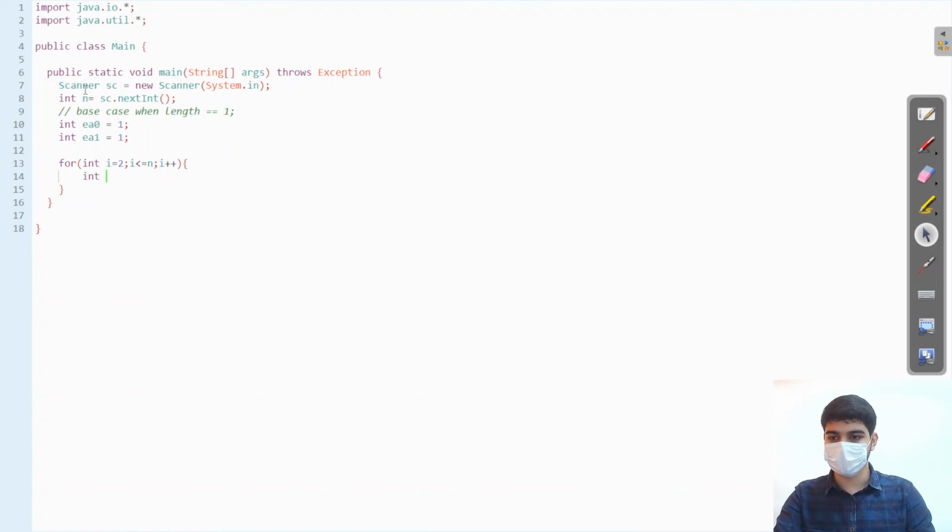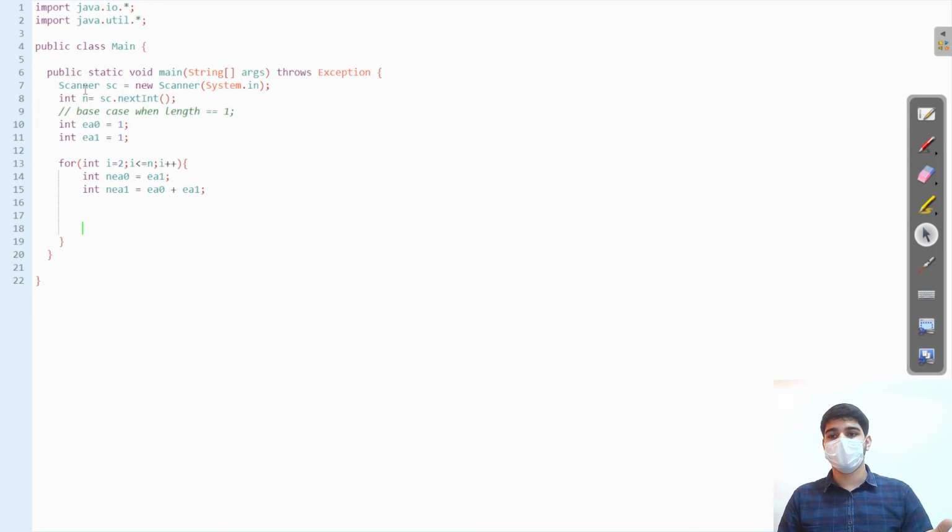So as we discussed, there would be a new ending at 0, right? And ending at 0 would be equivalent to ending at 1, right? So the previous state ending at 1 is my answer, right? I could only add 0 to all the digits that are ending at 1. And then we have new ending at 1, which is equivalent to ending at 0 plus ending at 1, right?